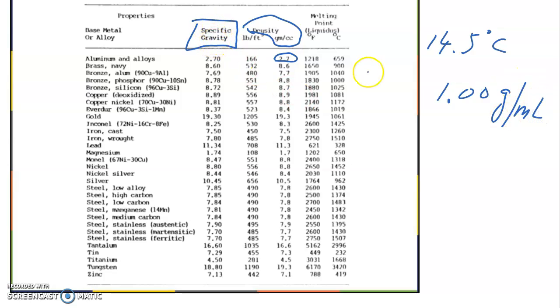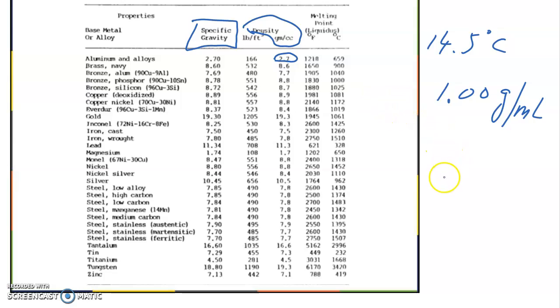Specific gravity means taking the measured density and dividing by this number. In other words, it is a comparison of the density of what we are looking for to the density of water. If it is less than 1.00, that means it is lower than the density of water.